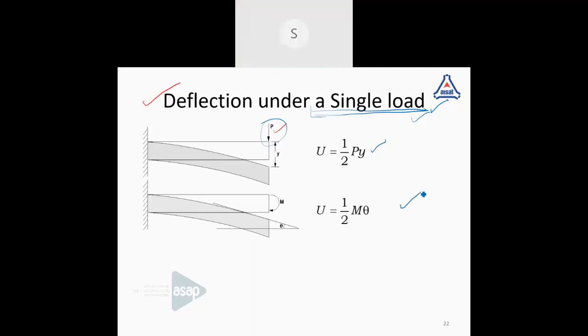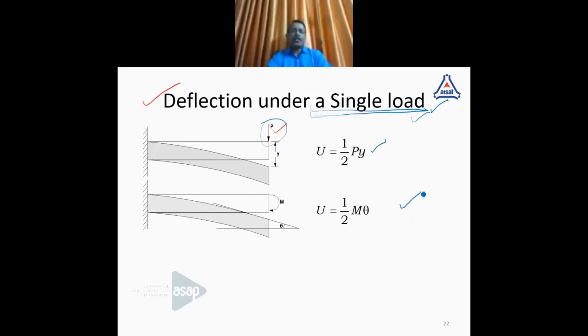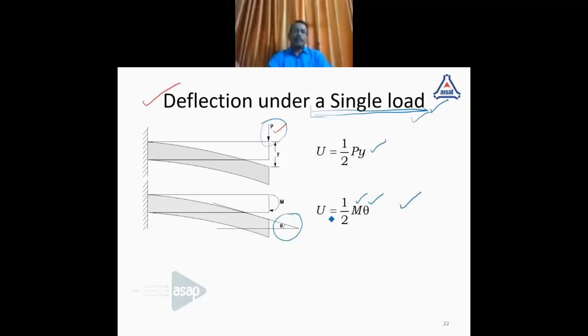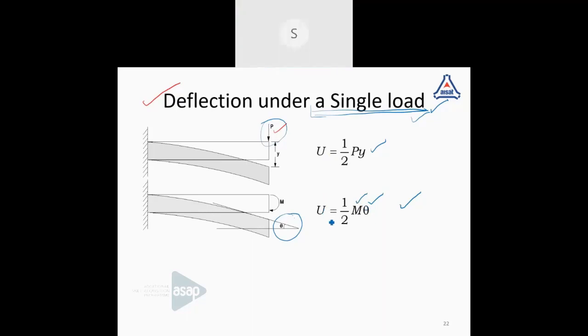A moment is applied onto the body, and the beam undergoes deflection, and that deflection is evaluated by the angle, which is considered as the deflection in this case, where the moment is the applied load. There we can represent the strain energy using this expression.